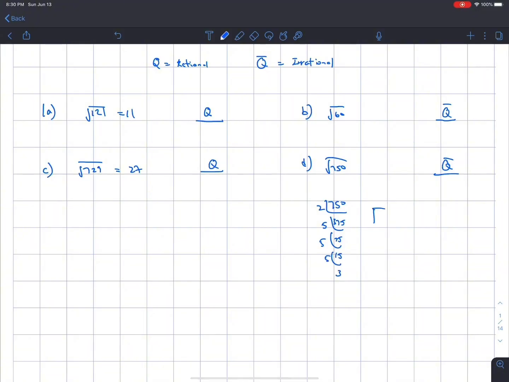So we can say that the square root of 750 is the square root of 2 times 5 squared times 3, because there is the 2, which is not a pair. You need at least a pair in order for you to simplify, right? So the 5 squared you can simplify, but the rest you can't really simplify. That's why it's irrational. And if you type in the calculator, you will see that it is indeed irrational.